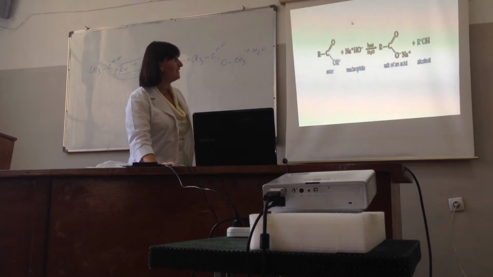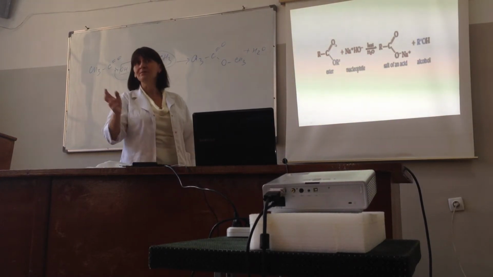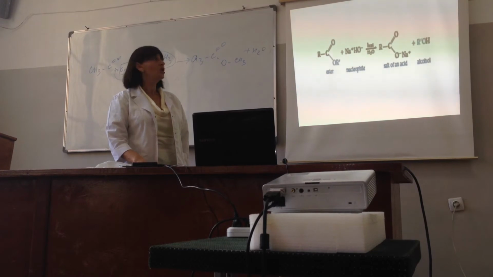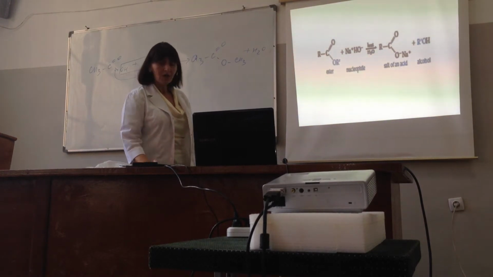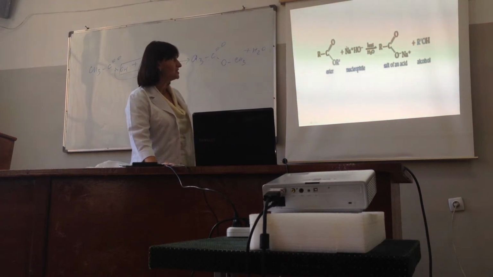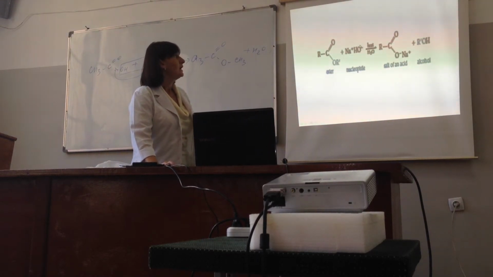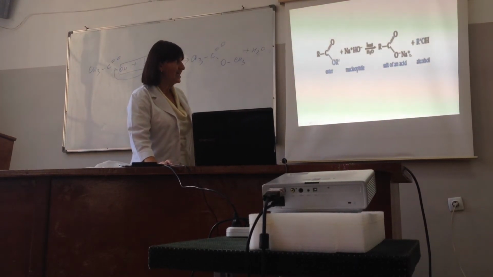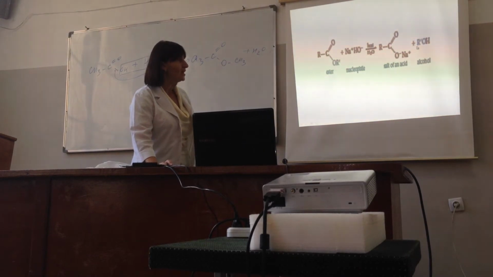So if you have ester and if you heat, for example, your ester in sodium hydroxide solution, in this case, sodium hydroxide acts as nucleophile, and this one separates this R, and instead of R here you have Na, and once again you get alcohol.